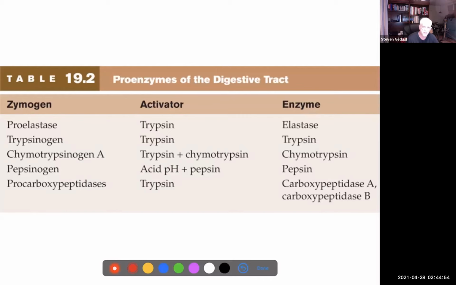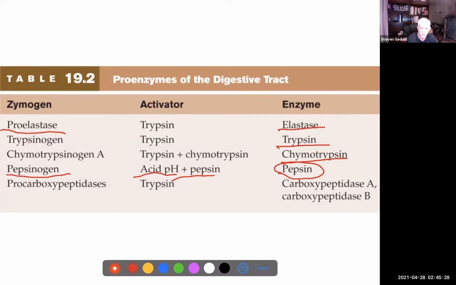This is some of the proenzymes of the digestive tract. Proelastase converts to elastase, and it's activated by trypsin. Trypsinogen is activated to trypsin. Chymotrypsinogen A is activated to chymotrypsin. Pepsinogen, we just talked about. The activator happens to be the acid pH. Remember, the stomach has a pH of 2, and the presence of pepsin. Because pepsin is present in the stomach, you have the enzyme pepsin being active.